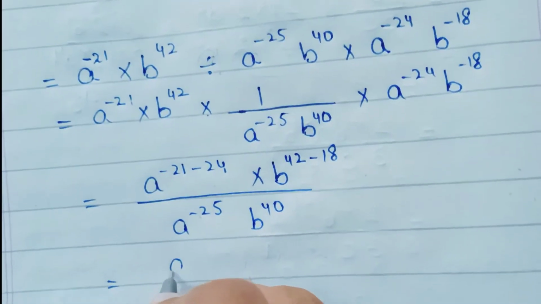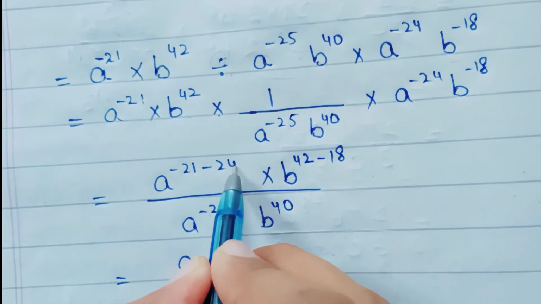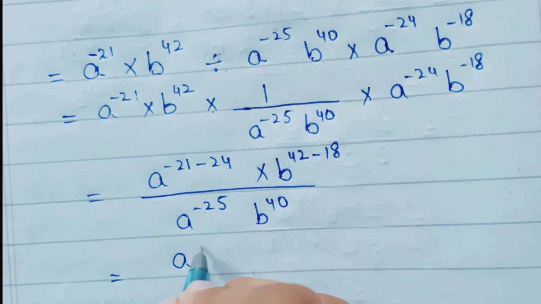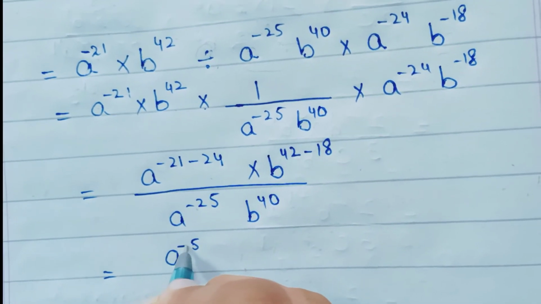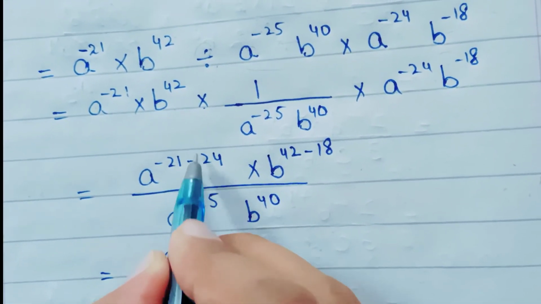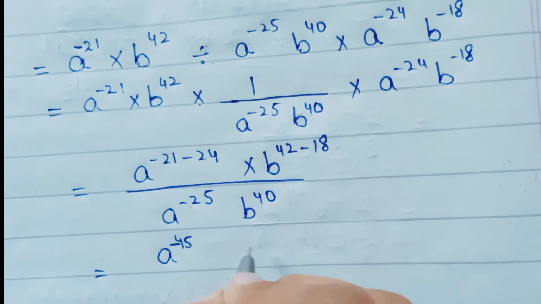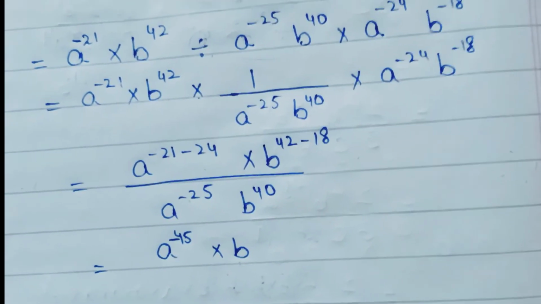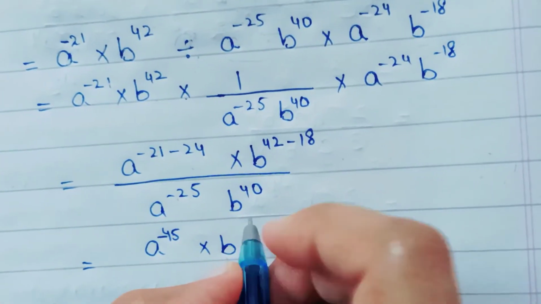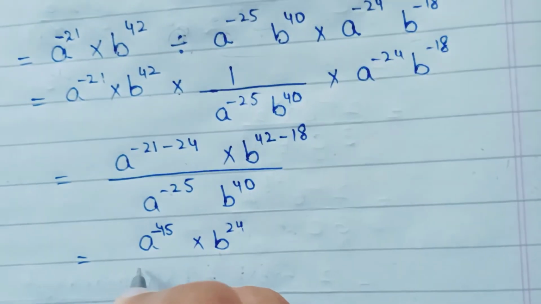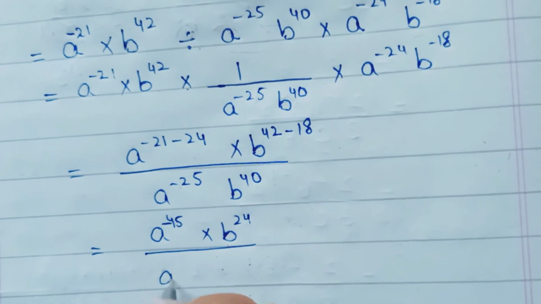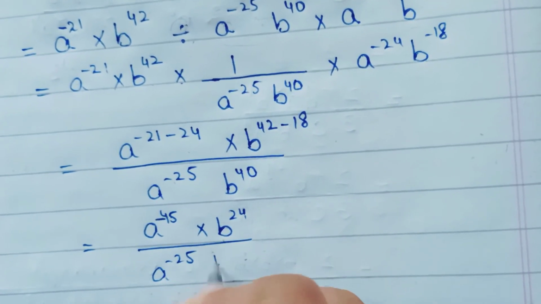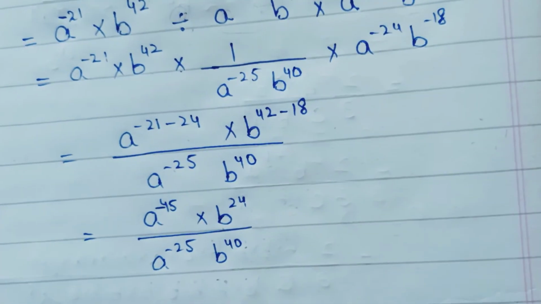Now a raised to power, we will add the terms 4 plus 1 5, minus 4 plus 1 5, 2 and 2 4, 45, and multiply by b raised to power 42 minus 18, 24, b raised to power 24 over a raised to power minus 25, b raised to power 40.